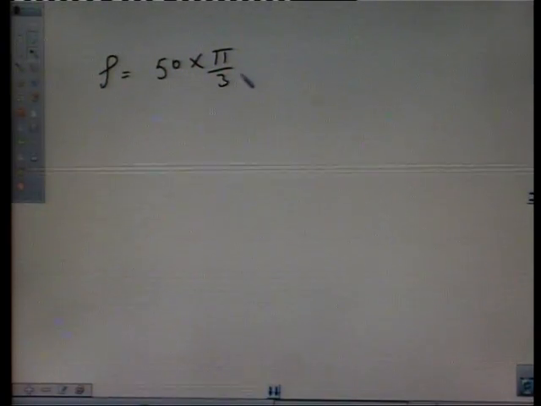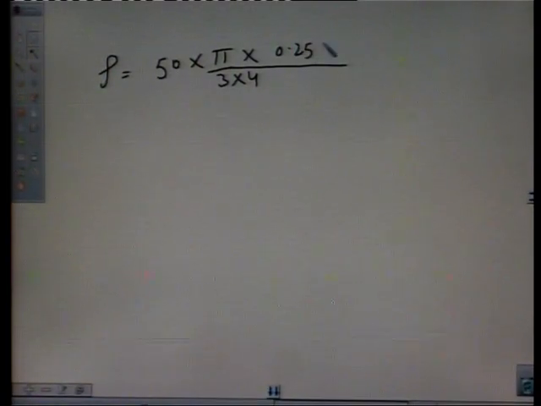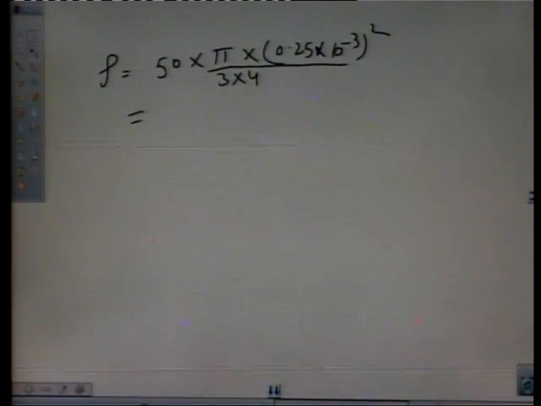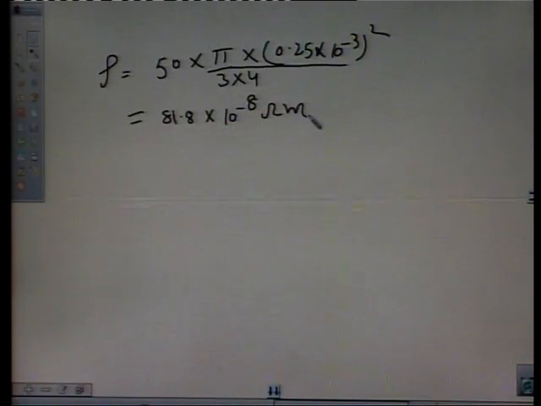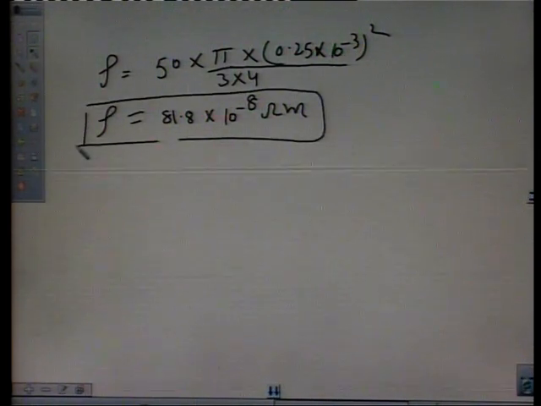So rho is equal to 50 into pi by 3 into 4 into 0.25 into 10 raised to power minus 3 whole square. When we solve it, we get the result as 81.8 into 10 raised to power minus 8 ohm meter. So this is the value of the resistivity which comes out.